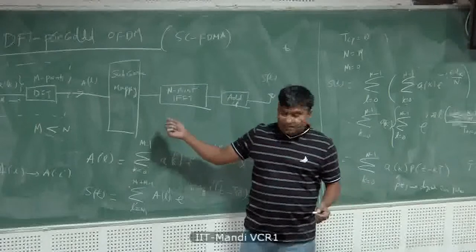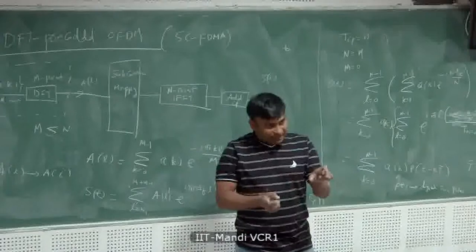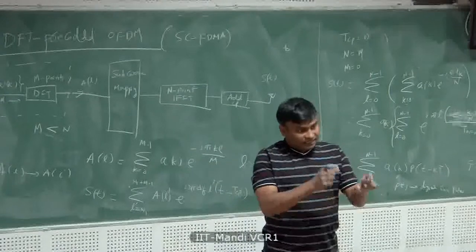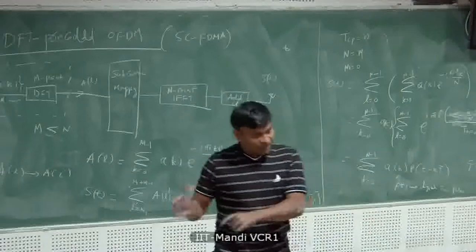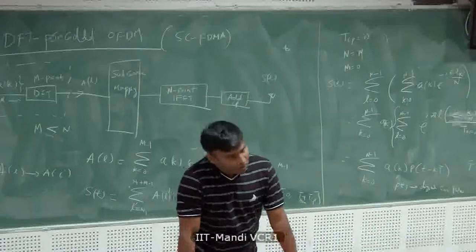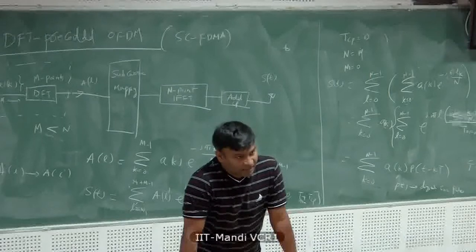You have simulated it. When you put an FIR channel, the received signal is a linear convolution between S of I and the channel, whatever the channel impulse response. You get something in the receiver. You can go on and do signal processing and recover your data. That's possible perfectly.